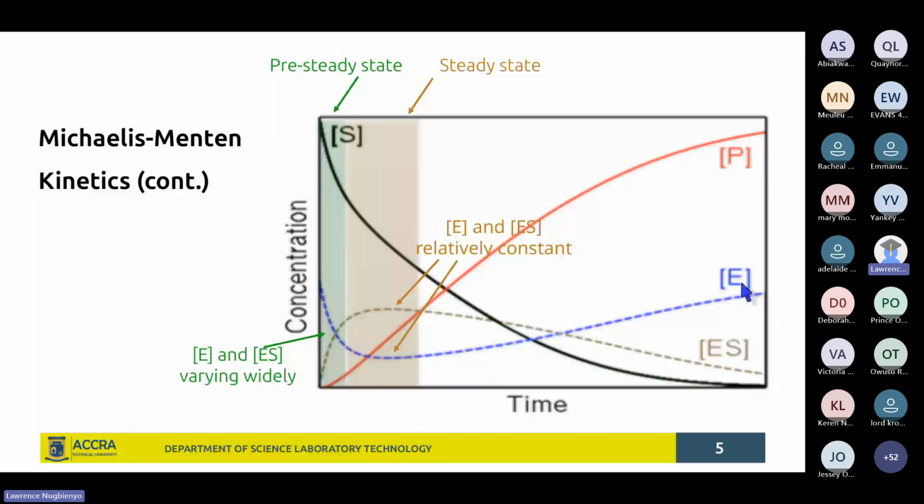And at the end of the reaction, they are free and they will remain in the reaction mixture together with the product. Same way, you have the enzyme substrate complex. All of it also gets converted into the product. So what you have at the end in your reaction mixture will be the product and the enzyme.